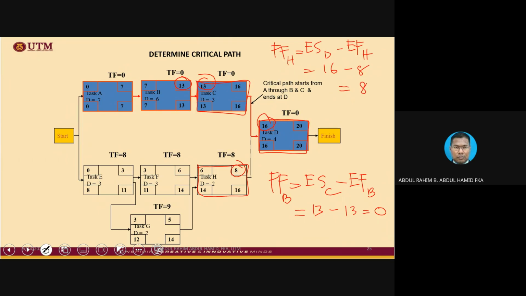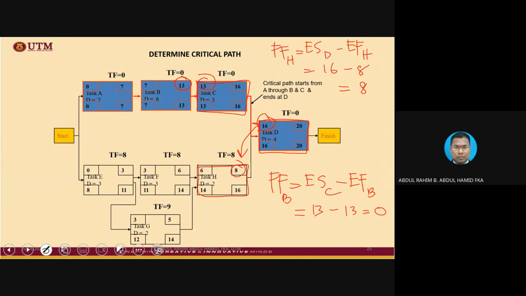And the free float 8, what does this thing mean? It is the gap in between the finishing of such activity and the starting of the subsequent activity. That's why I always mention to you, in order to figure out free float, you need to find this kind of condition first.